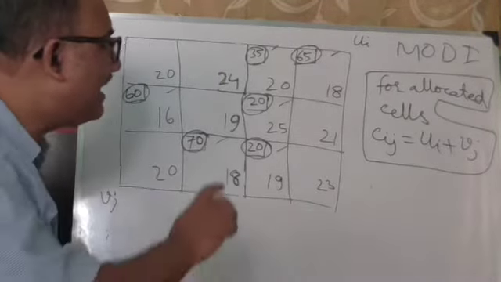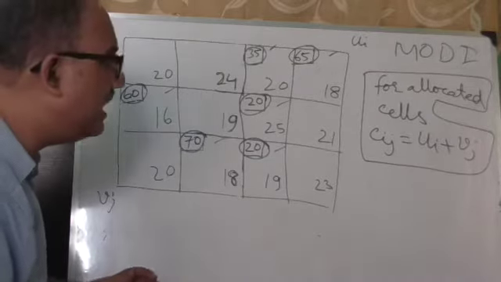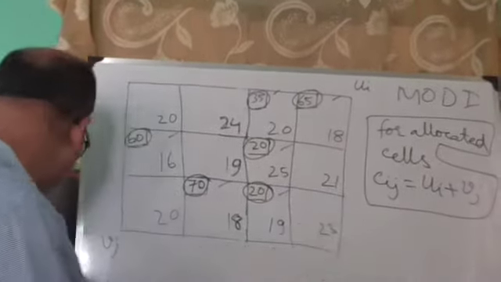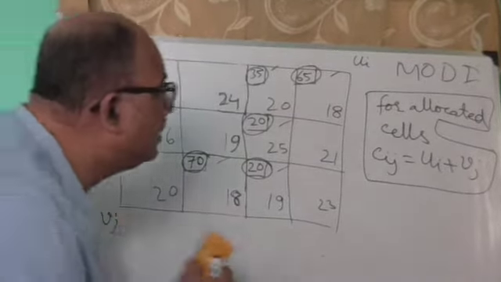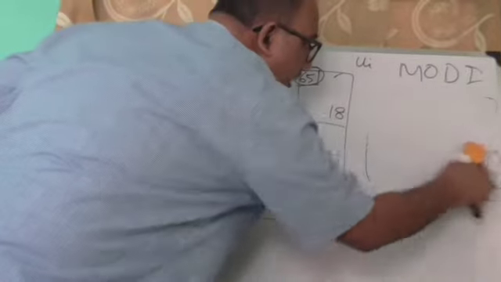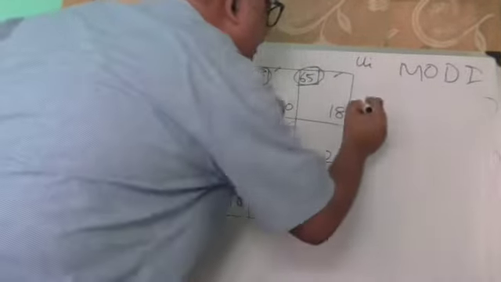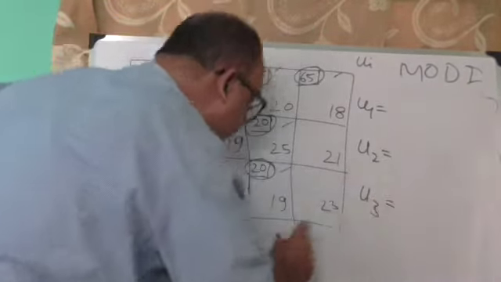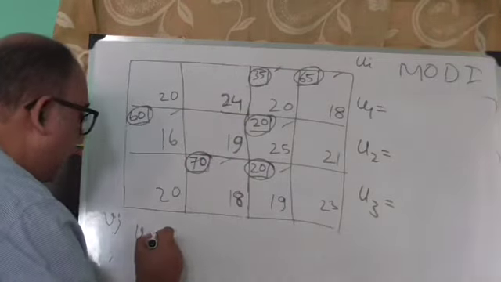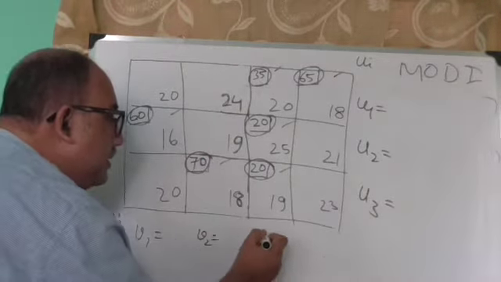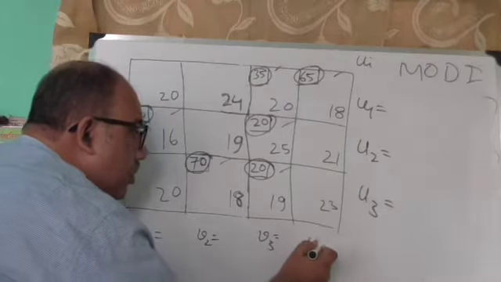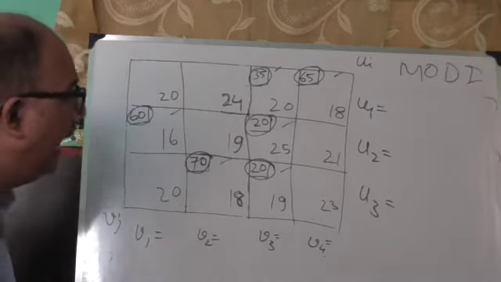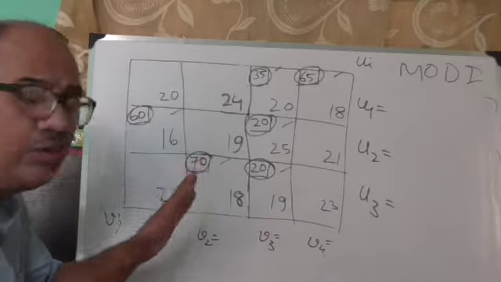There are 6 allocated cells and we have to calculate 3 Us, that is U1, U2, U3, and V1, V2, V3, V4. So there are a total of 7 values to be calculated and we have 6 allocated cells.